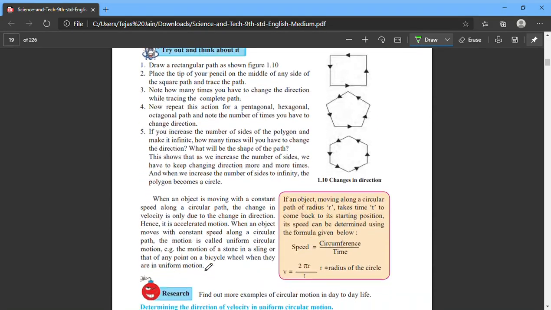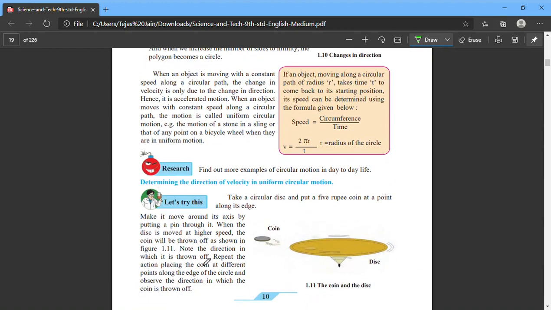Now let us see what is meant by uniform circular motion. This word actually tells us about the definition of uniform circular motion. When a body moves in a circular path with uniform speed, its motion is called uniform circular motion. In this case, we find that the body is moving in a circular path with a uniform speed.